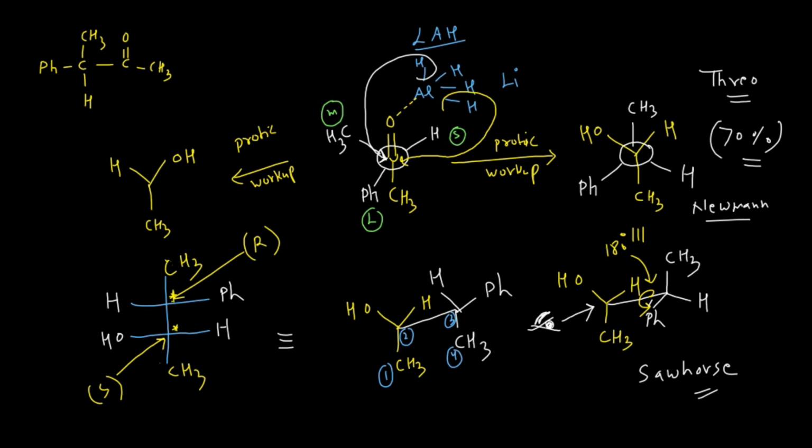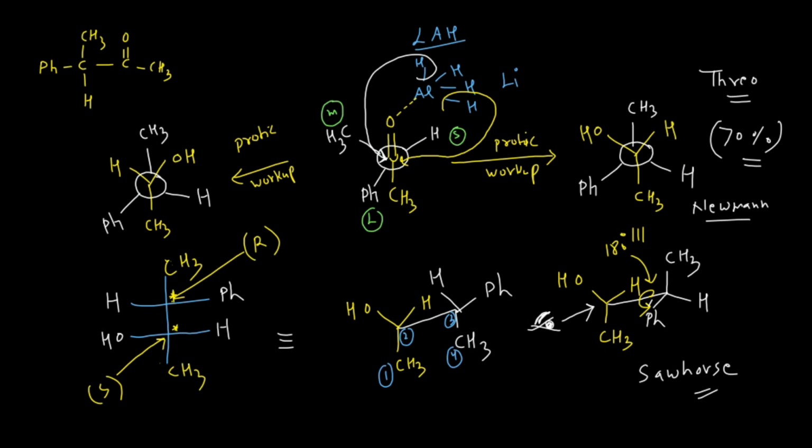And then you have the rear carbon, the back carbon. And in this back carbon, you have this configuration here. So this is your Ph. I am writing Ph here. Please remember. And then you have my CH3 here and then my hydrogen here. In the Newman projection, you can see here these two are on the opposite side.